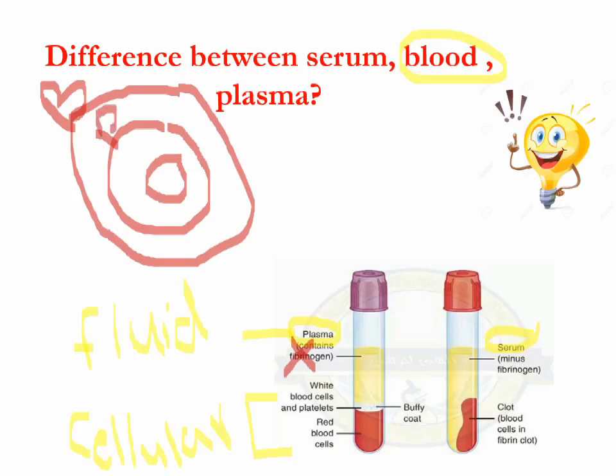So the plasma is a subset of the blood. It is the fluid portion of the blood. And the serum, which is the smallest circle, is a subset of the plasma, and it is the plasma minus clotting factors.